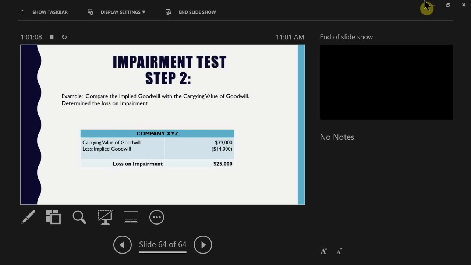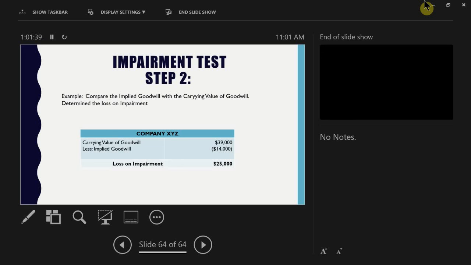So I'm going to take my carrying value of goodwill that I had from the very beginning, which is what you originally purchased it for and what you originally recorded in your books. In this case, I recorded it at 39,000, okay? Because my implied goodwill was calculated to be only 14,000, the difference between them is going to determine whether there's a loss or a gain on impairment.